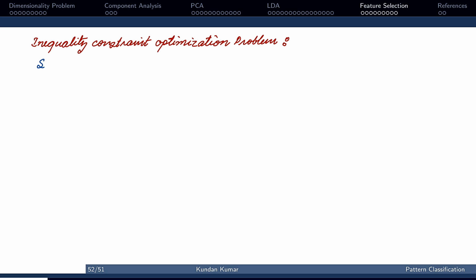The first step is to define the Lagrangian.